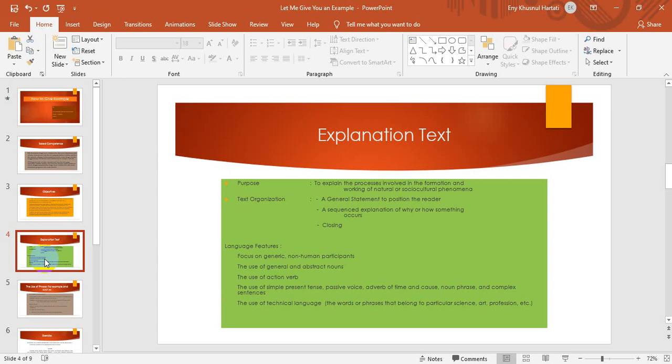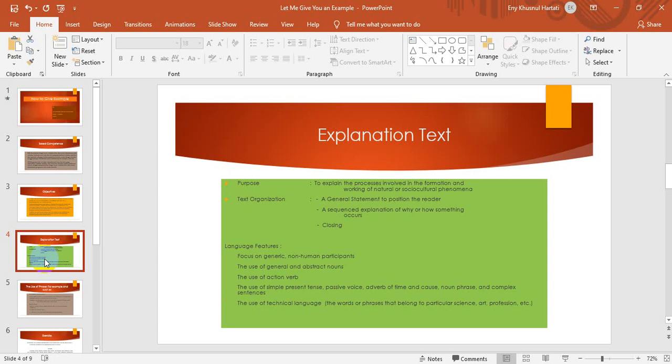And then adverb of time and cause. Adverb itu keterangan tempat, keterangan waktu, time and cause, keterangan waktu dan keterangan sebab. Belong to the context too. And then noun phrase. I think you also have known about the noun phrase.